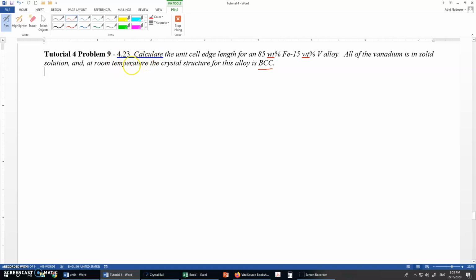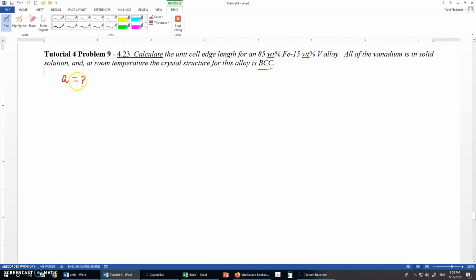So we have to find the unit cell edge length. For BCC, the unit cell edge length is represented by a.